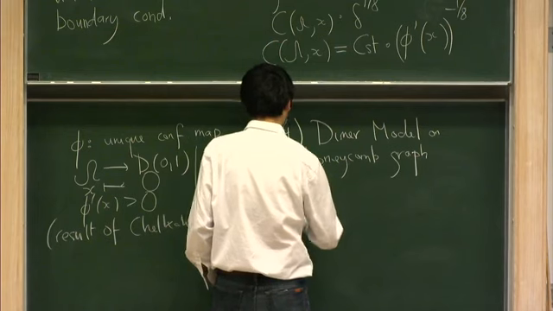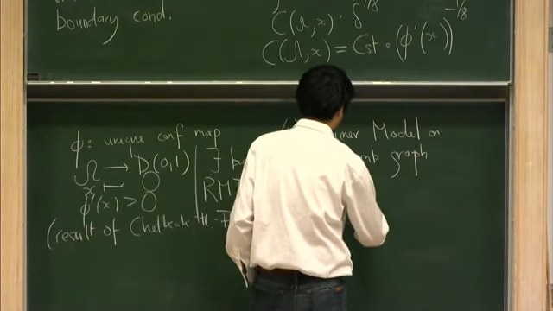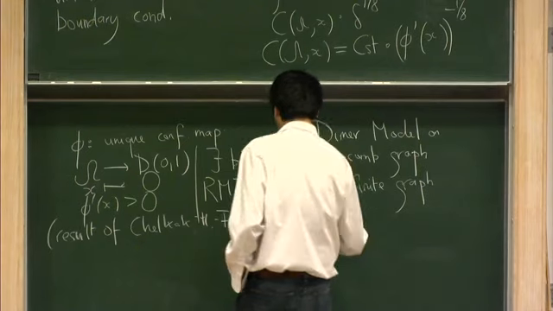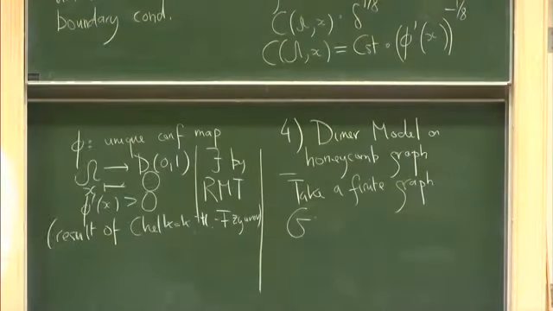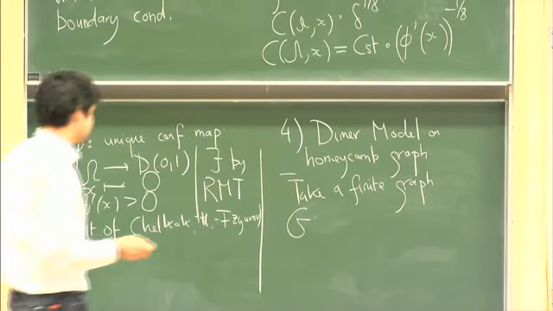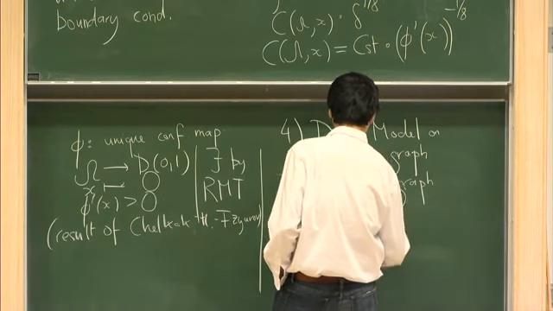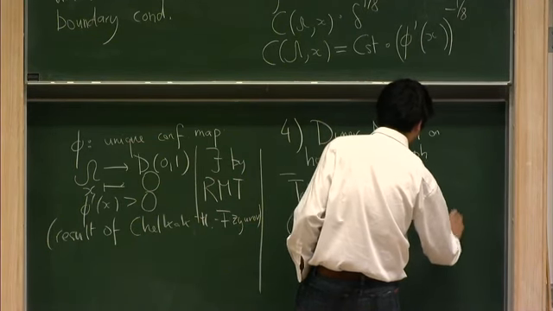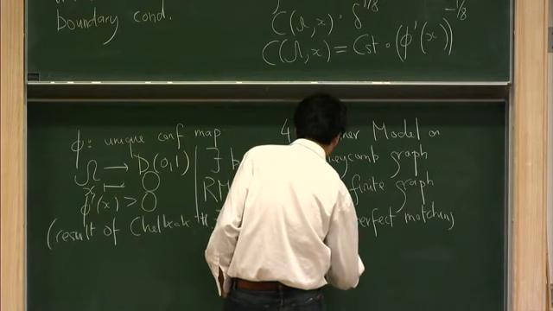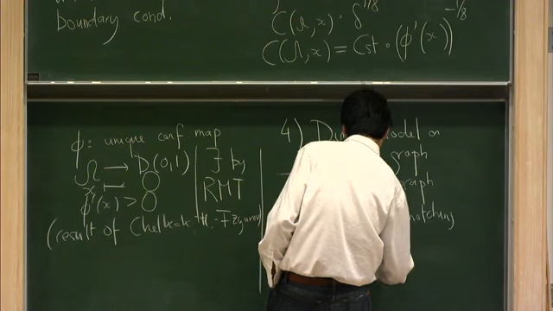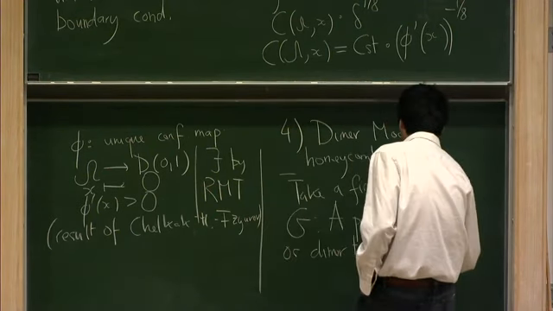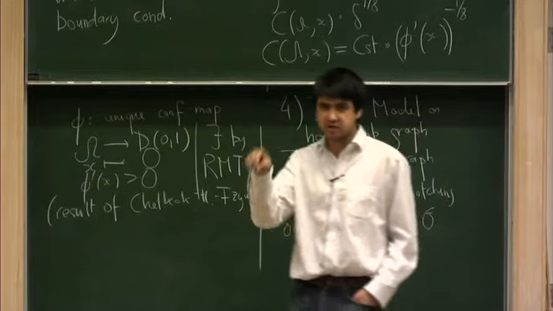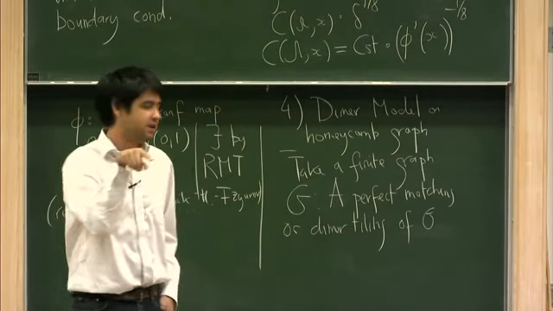So you take a finite graph, and a perfect matching or dimer tiling of the graph G. What is it? It's a collection of edges of the graph such that every vertex belongs to exactly one edge.